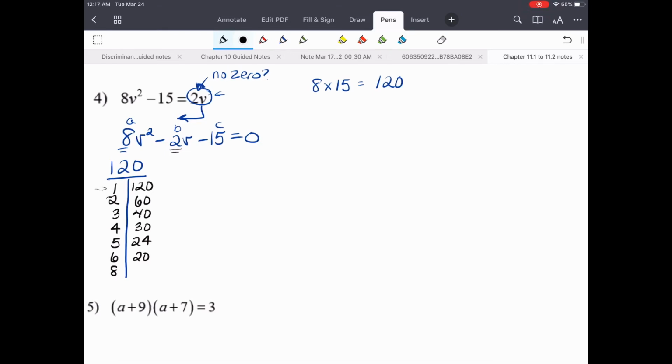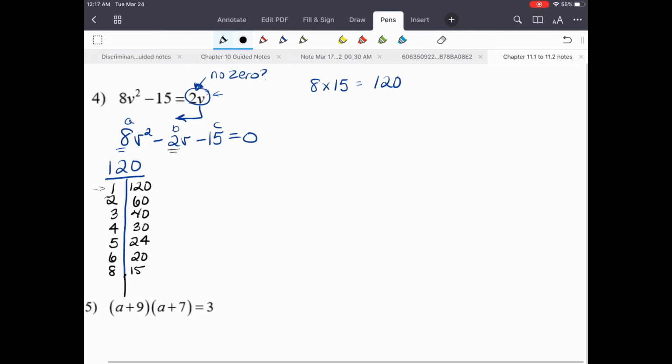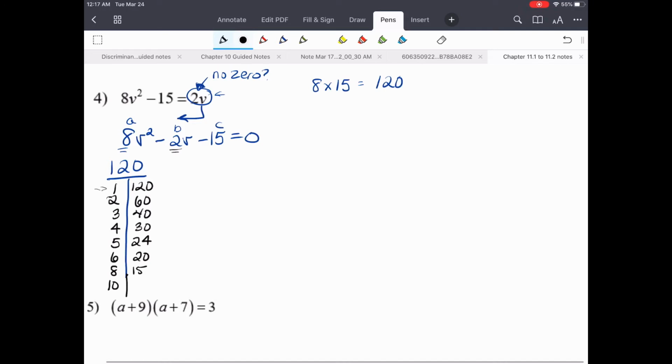We are going to do 8 and 15. 15 minus 8 makes 7. So again, we're not quite there yet. So then we've got 10 and 12. And there it is. I think that's the last possible pair anyway.